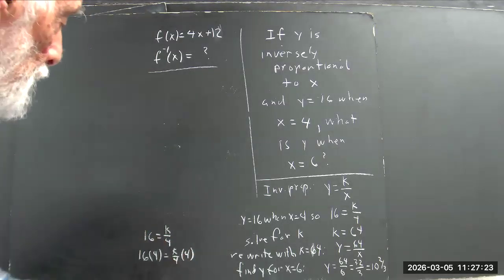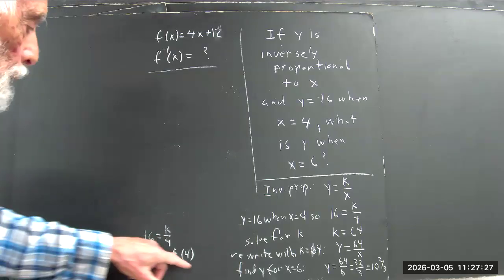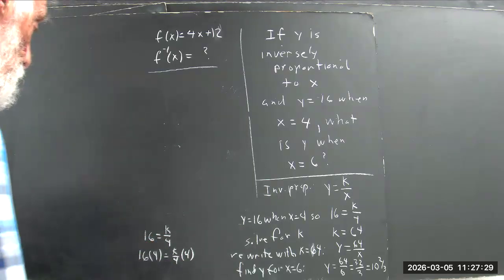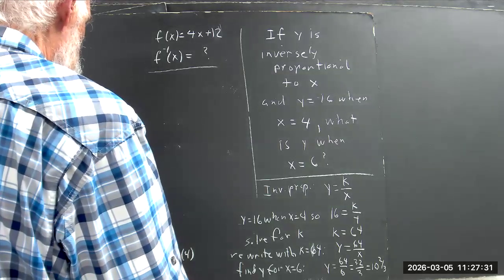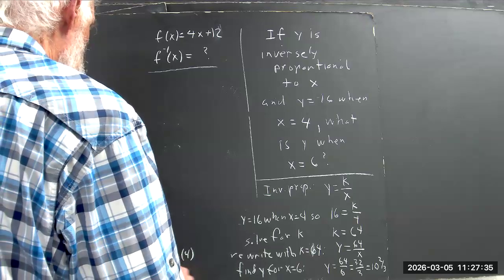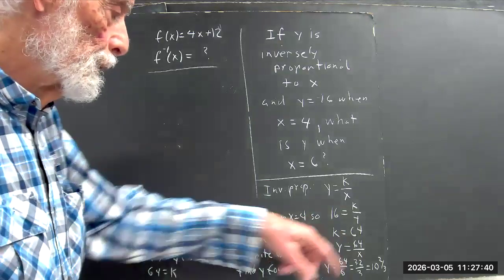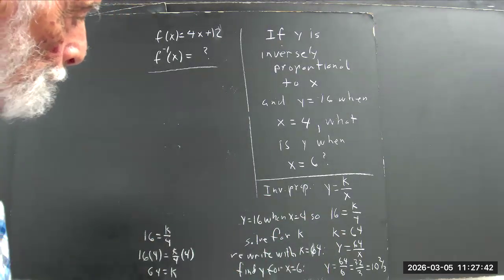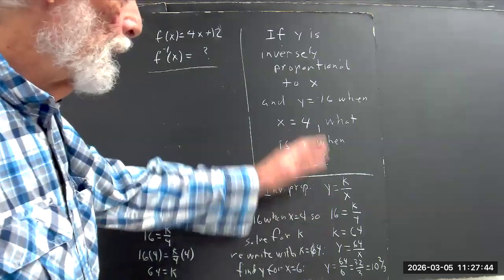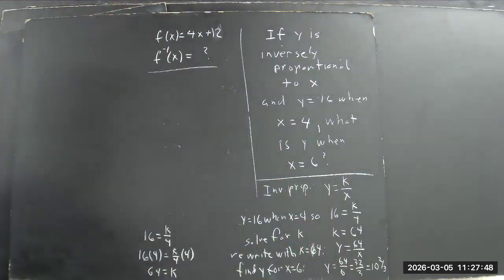You multiply both sides by 4. Because you have a division, k is divided by 4, you multiply both sides by 4. And that gives you 64 equals k, which you're generally going to write as k equals 64. Okay. So procedure, look good. Be sure we're getting the algebra right.